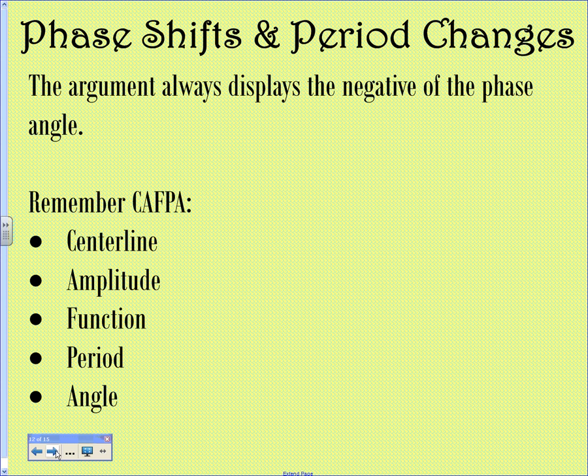Do y'all remember CASPA? Center line, amplitude, function, period, and then your angle. If you use those 5, it gives you all of the parts for your sinusoid equation.